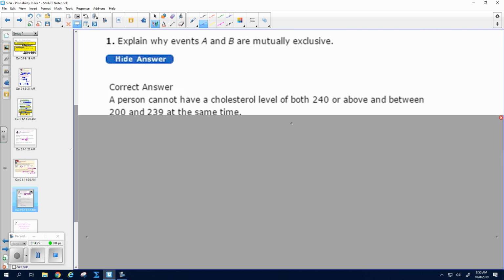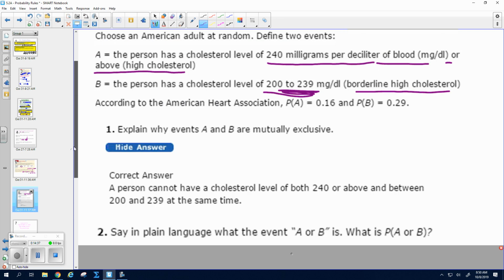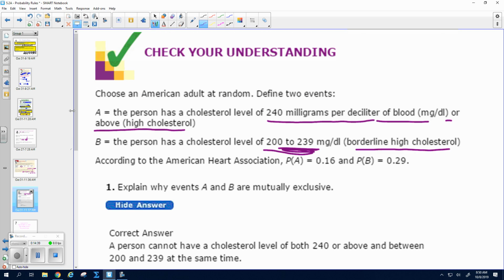All right, say in plain language what the event A or B is. What is the probability of A or B, like in the context of this problem? Katie, what do you think? Yep, you're already solving it, but you're not doing it in plain English.